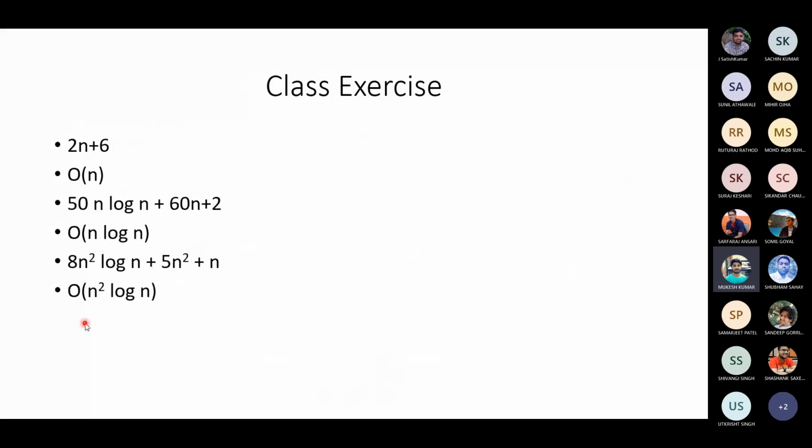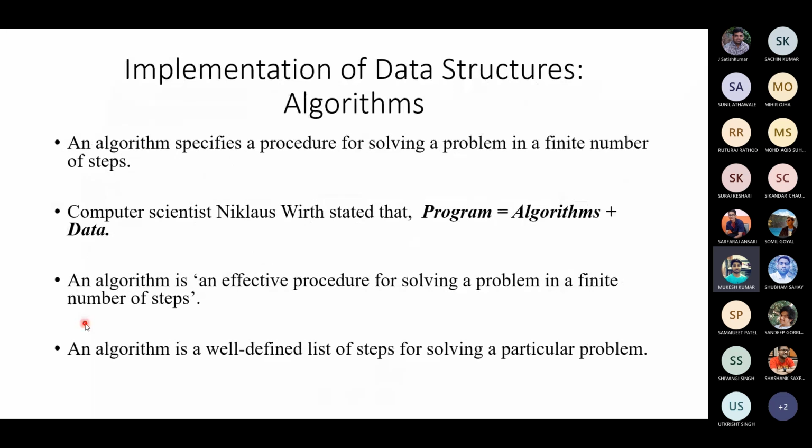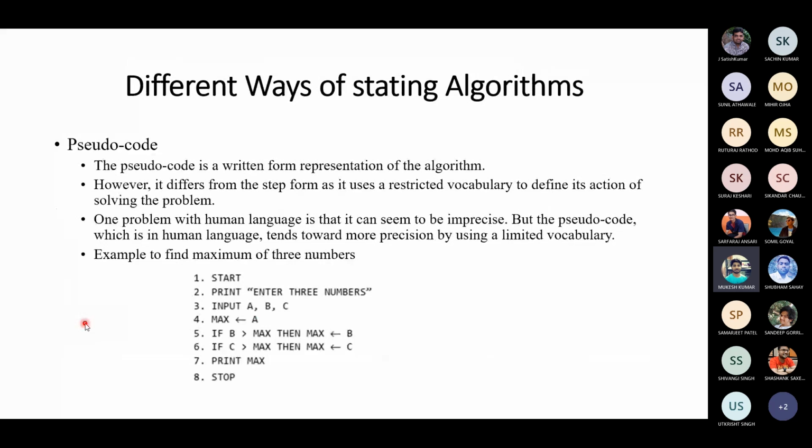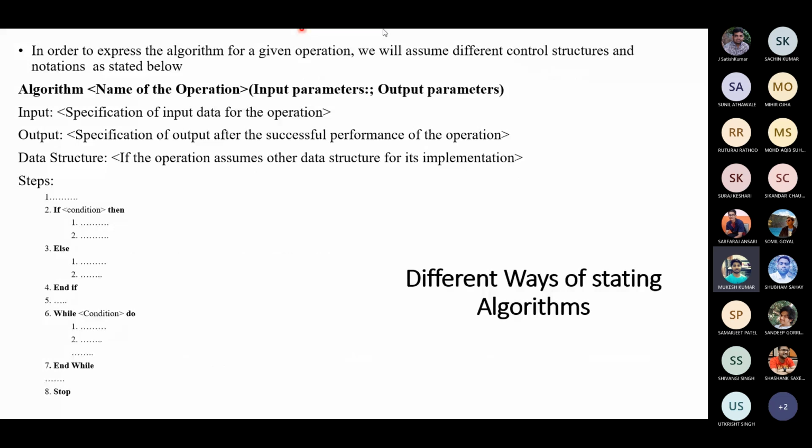Okay, so we'll define our algorithms in terms of pseudocode most of the time. Every time, whenever I'm saying data structure algorithms, you will see what the input is, what the output is, what the data structure is, and the steps that are part of that operation that we're going to carry out. I will make sure that all these things are there.